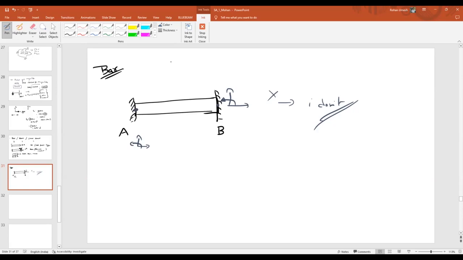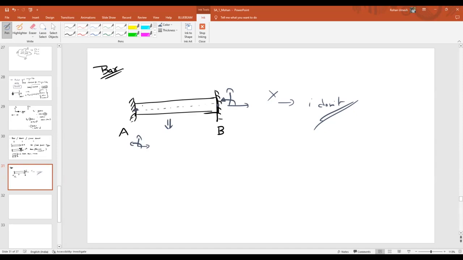As it is a fixed support and I am representing a 2D system, it doesn't mean that every time I will blindly follow 3 types of forces like horizontal, vertical, and moment. Why? Because this is a bar problem. As we all know, a bar resists only axial forces. So only axial forces will be present in this member.